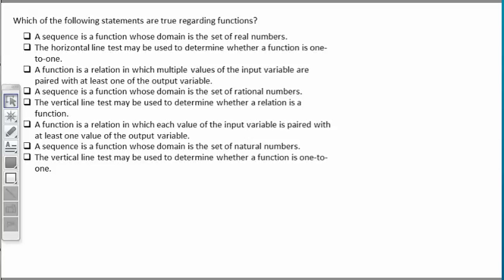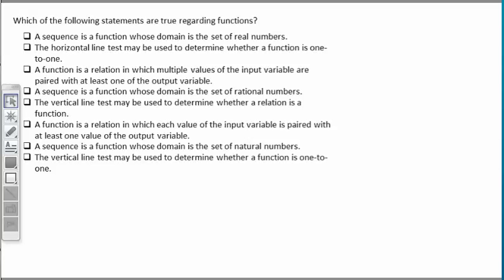Give me a green check if a sequence is a function whose domain is a set of real numbers. All right, I got 7 responses this time. Okay, and that is true.